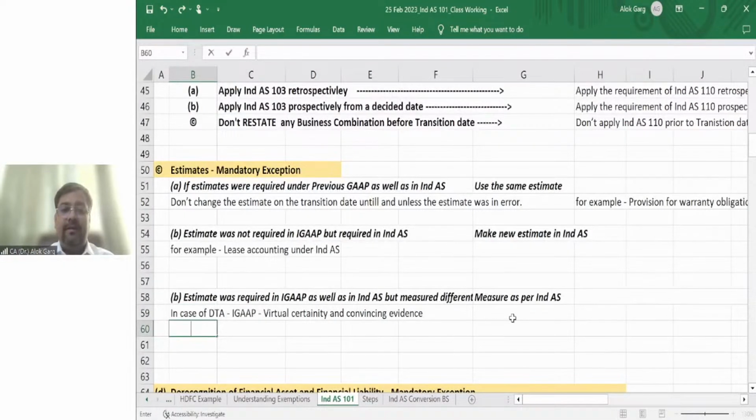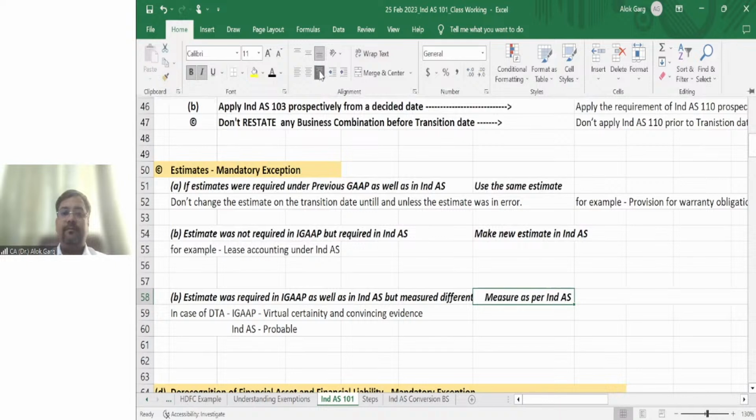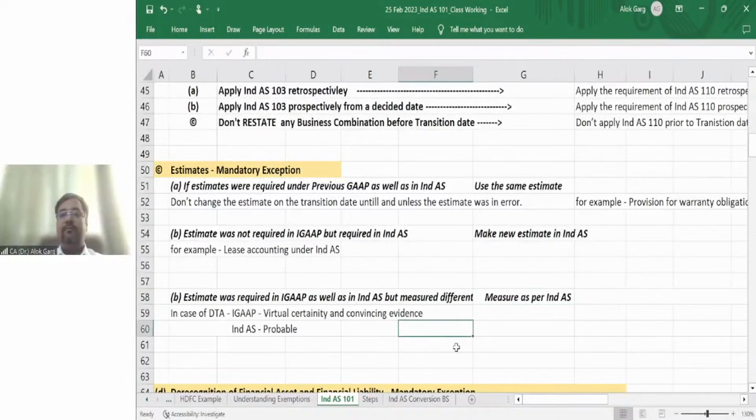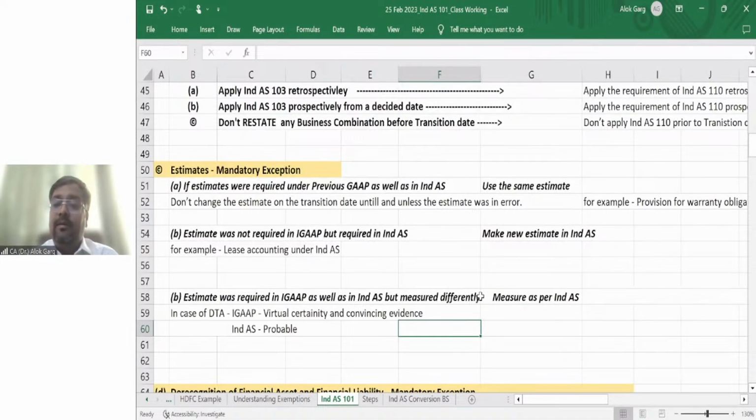But in Ind AS, the criteria is probable. The criteria is probable, right? Clear? Any doubt so far?